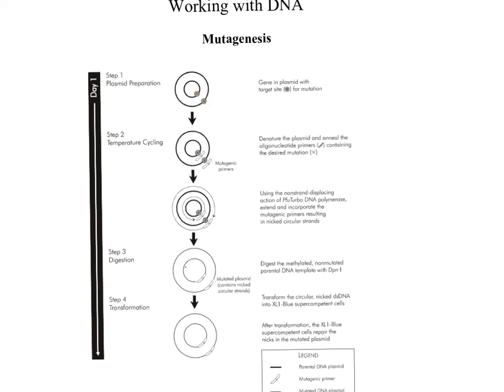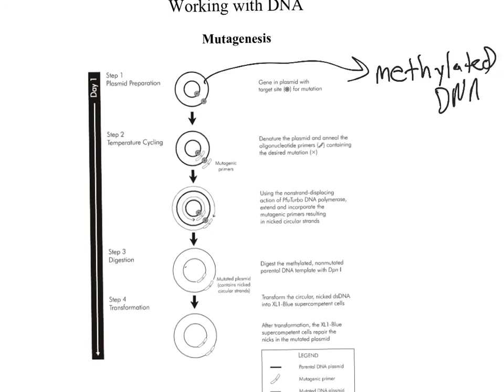So if you're, let's say, using my example from earlier where you want to take a glutamate and change it to a glutamine, well, this one's coded for glutamate, whereas your daughter strands are encoded for glutamine. So you want to get rid of these parent strands. And what's interesting about them is, since you're using a plasmid that you've purified from E. coli, they have methyl groups attached to them. So you have methylated DNA.